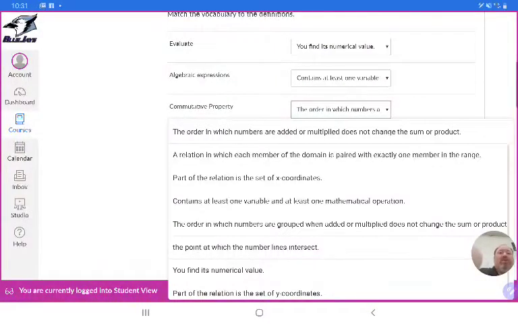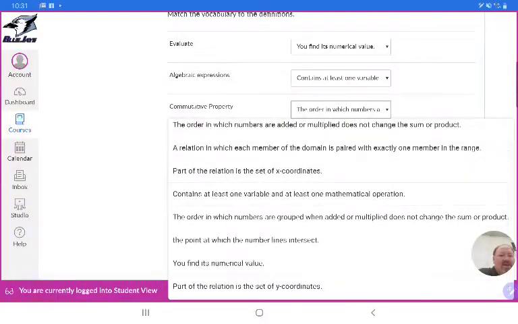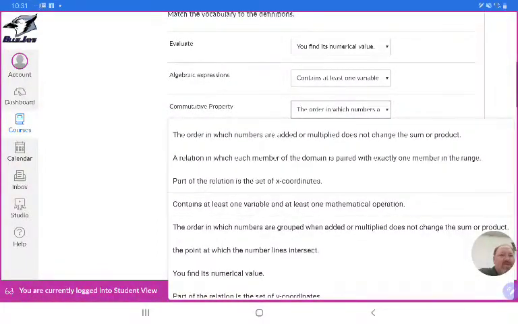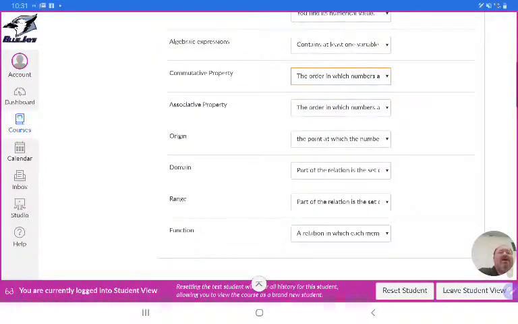That's the order in which numbers are added or multiplied does not change the sum or the product.